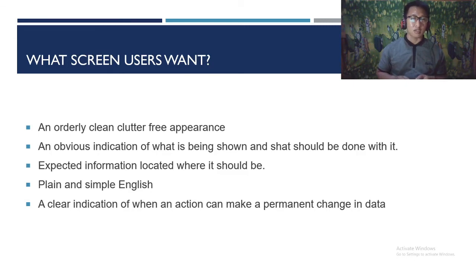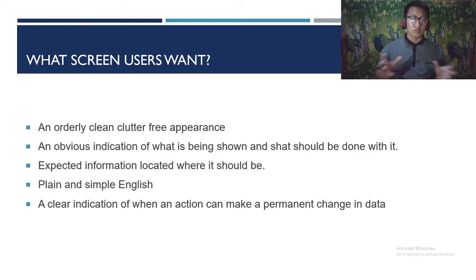Just like for example in your cell phone. If you click the logo of Facebook, then it should pop up Facebook, not Google, right? So that's an example. Next is expected information located where it should be.